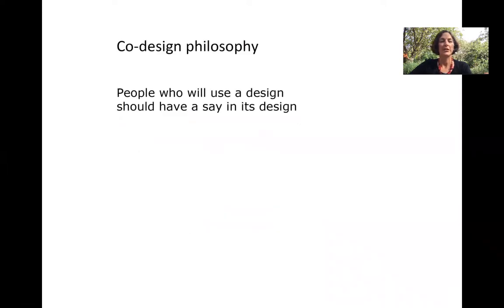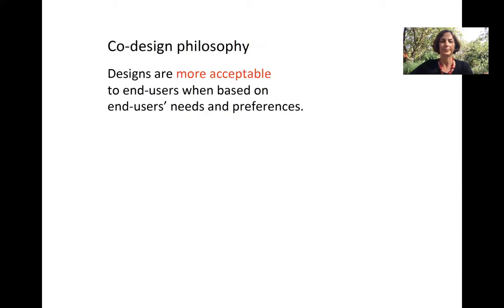So co-design philosophy says people who will use a design should have a say in its design. And you can think about architecture. If you had an architect come and redesign your house and they just did what they think's best and they said, here you are, like it. And you say, but I don't ever use my kitchen in that way. I'd like it over there. So that's about the end user having a say in the design.